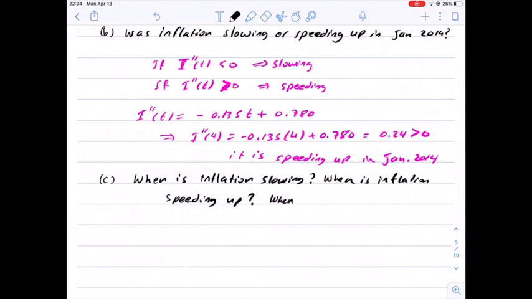And when was inflation slowest? By slowest we mean if we have a curve that looks like this, then at this point it's the slowest.